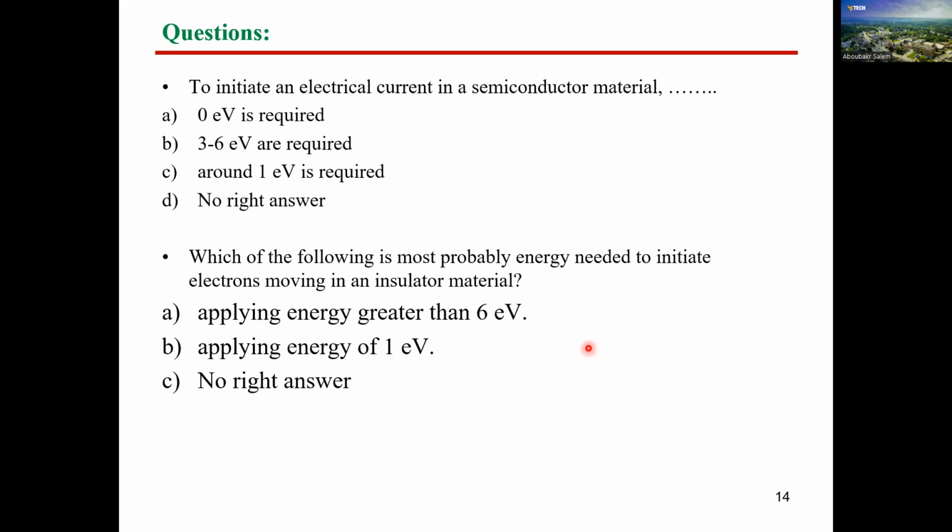Now, since we understood the concept of what the meaning of free electrons is, what the meaning of covalent bonds is, and how we can initiate an electron to move inside a semiconductor material, let's see together now, guys, what level of electricity we can have from a semiconductor material.